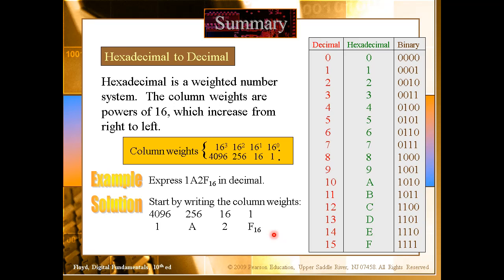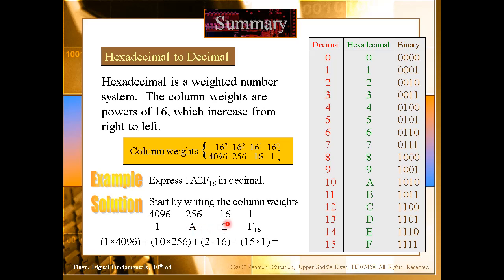The next step is multiplying each digit times its weight. For example, F is what? 15, right? F means 15, look at the chart. So we are multiplying F times 1, which is 15 times 1. Now here we are multiplying 2 times 16. Every time we are just multiplying the weights times the digit. Now here A is what? 10 in decimal.